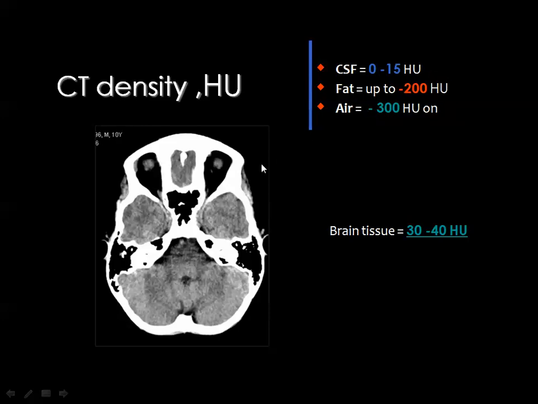That of fat, like this orbital fat, measures minus values, starting from minus 10 down to minus 200. Air, like air in the paranasal sinuses and air in the mastoid air cells, will have a much lower CT attenuation value, minus 300 and below.